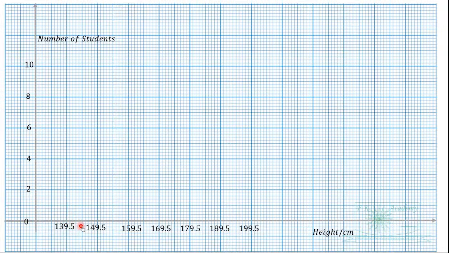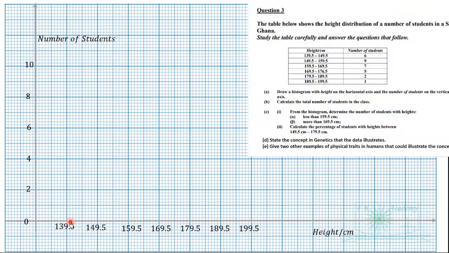So we have the first one, the height is 6. So we draw the histogram to have a height of 6. So the bar will have a height of 6. Then we draw the next histogram with the boundary starting from this, then ending here, so that we'll get a histogram, not a bar chart.